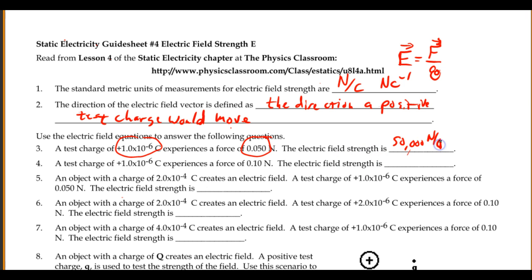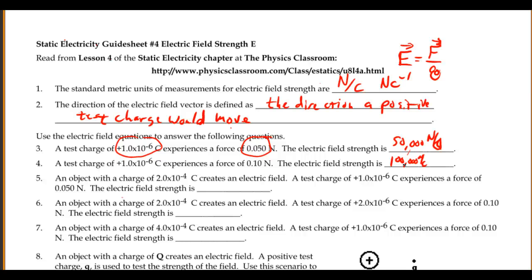In the second one, we have doubled the amount of force that the same charge would feel, so we get 100,000 newtons per coulomb of electric field strength. So notice those numbers are relatively large. It is per coulomb. It's hard to get a coulomb of charge in one place, so we get a large number because we typically have small charges moving around.